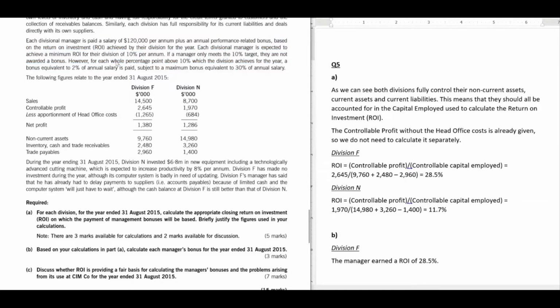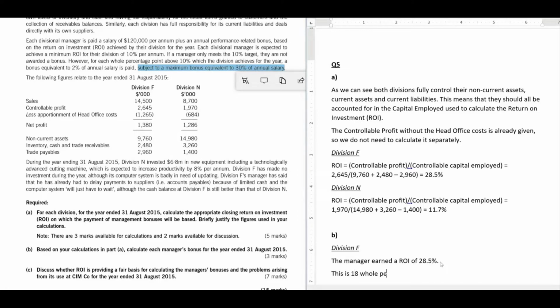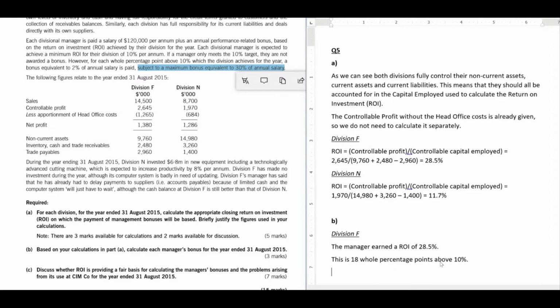However, now we need to be careful. Notice this: for each whole percentage point, not an incomplete percentage point, whole percentage point, above 10%, which the division achieves for the year, a bonus equivalent to 2% of annual salary, which was 120,000, is paid, subject to a maximum bonus of 30% of annual salary. So let's do the calculation. This is 18 whole percentage points above 10%, right? Because the 0.5% is not a whole percentage point.